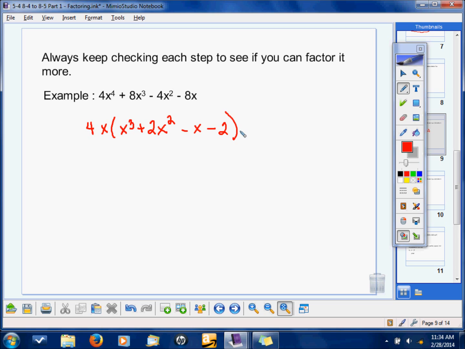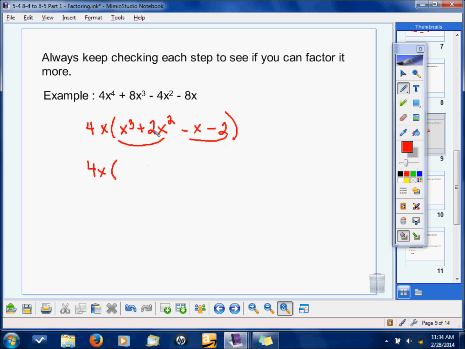So after we have this one, we have to see what we can do next. We are going to have to do this part by grouping.